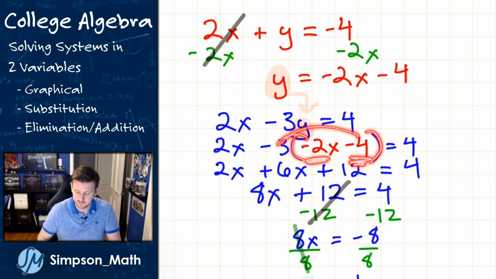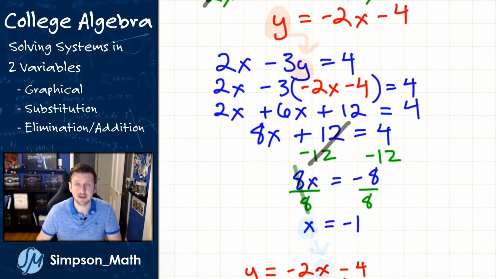So we distribute. 2x is still there, and then negative 3 times a negative 2x is 6x, and a negative 3 times a negative 4 is a positive 12, because negative times negative is positive. All right, combine like terms before we start solving. So 2x plus 6x is 8x.